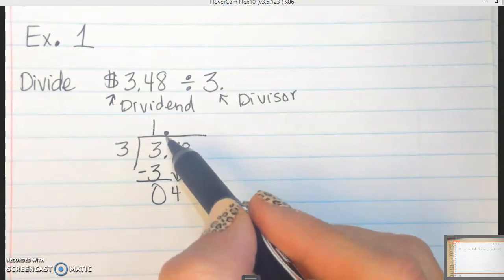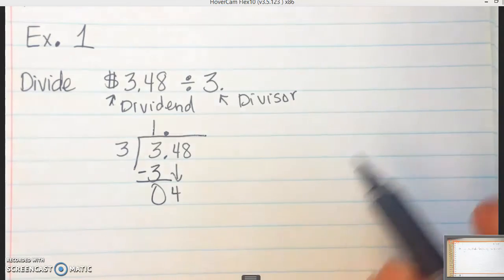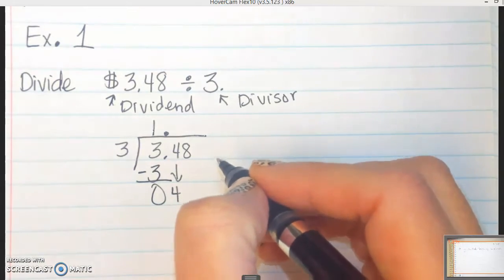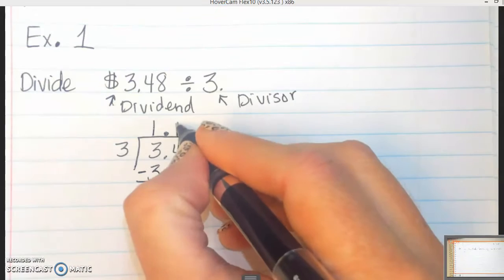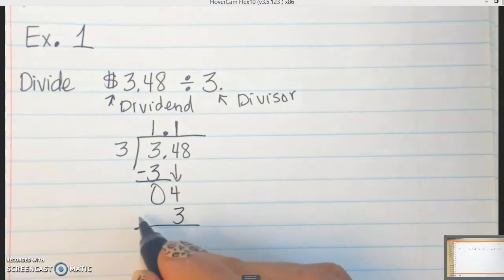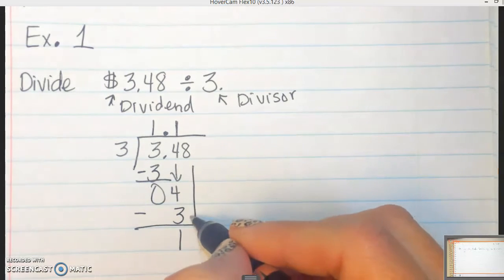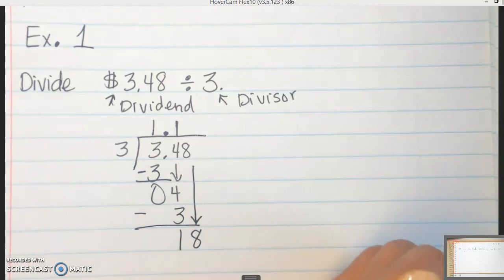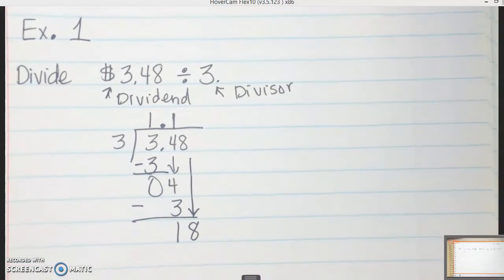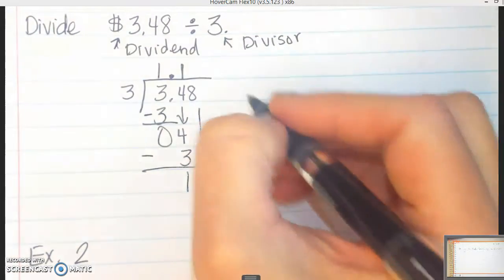I already brought that decimal up. Now, how many times will 3 go into 4? Anybody? One time. So again, 1 times 3 is 3. I subtract. And I'm bringing down the next number. So then how many times will 3 go into 18? 6.